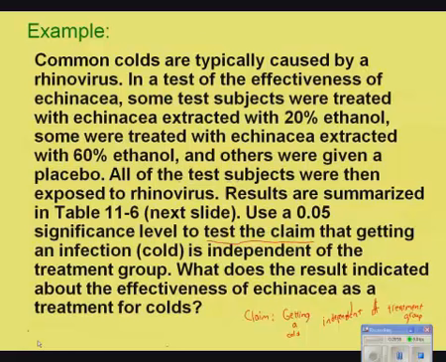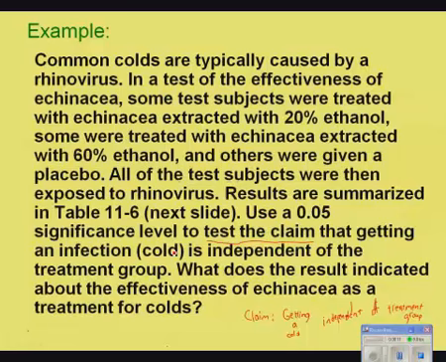Well, kind of. It doesn't tell you anything about the doctor, but it does tell you something about the medicine. If the medicine has no effect, if getting a cold is independent of whether or not you're on the medicine, then maybe we should look for a different medicine. Right? That's kind of the idea.